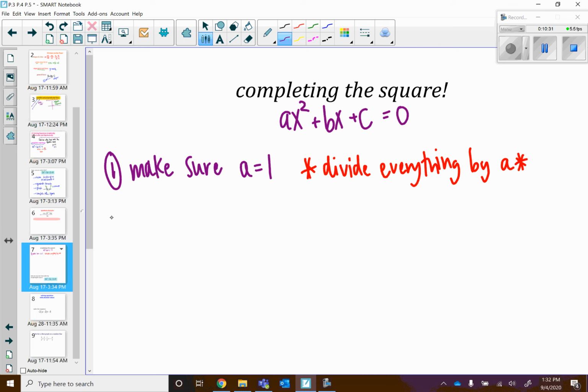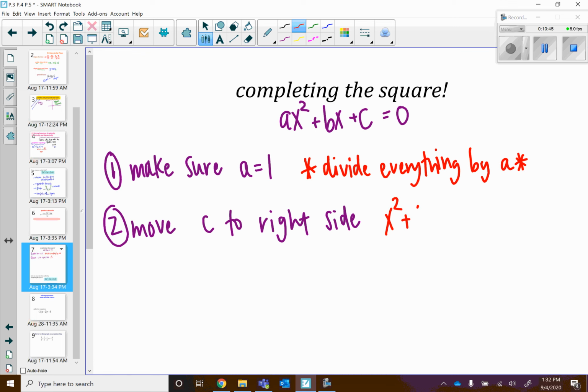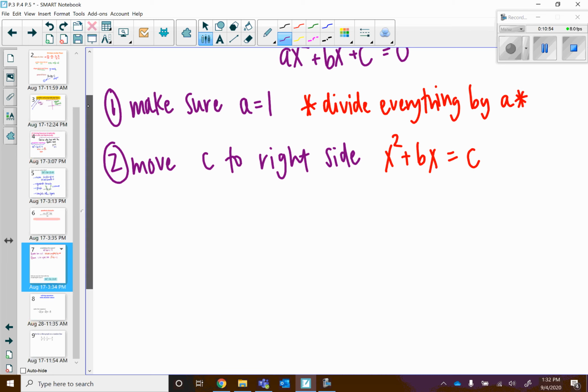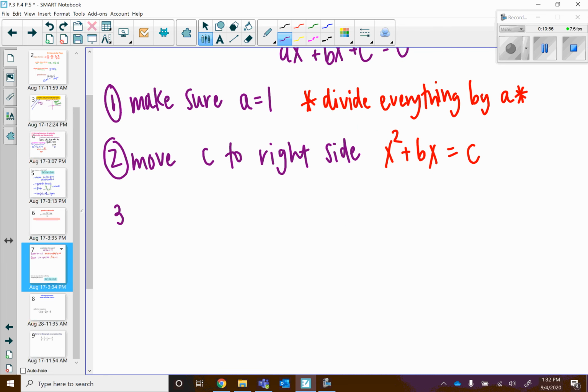Step 2 is to move c to the right side. So it would look like this: x squared plus bx is equal to c. I didn't make it negative because technically c is just a constant and it can be either positive or negative. Step 3 then is to add the quantity b divided by 2, squared, to both sides.